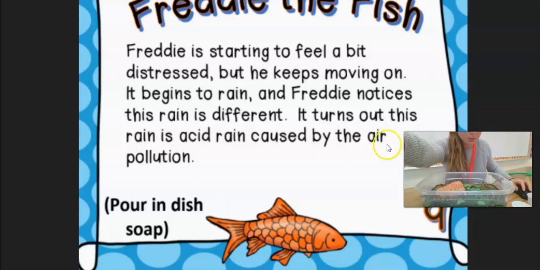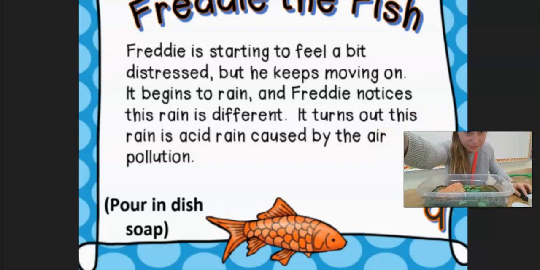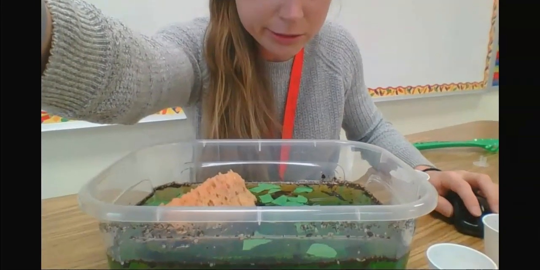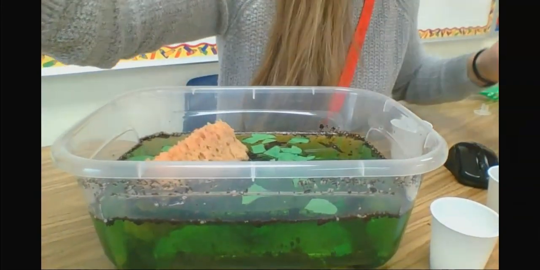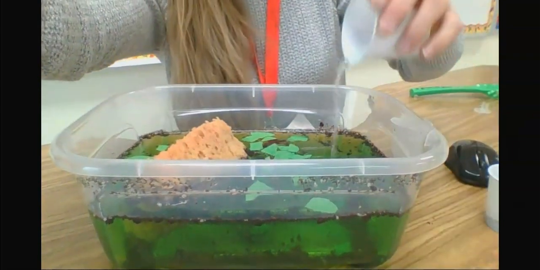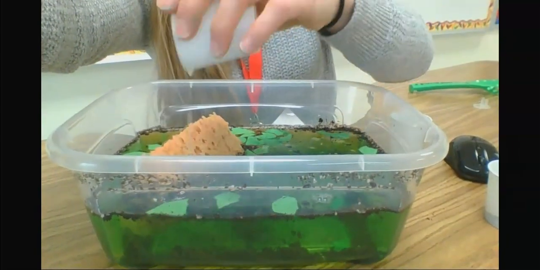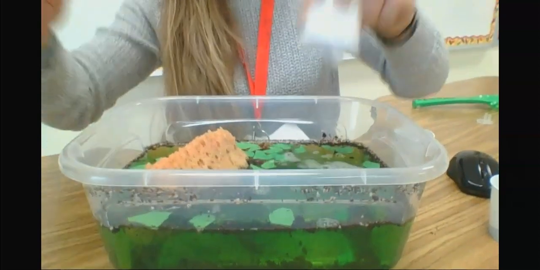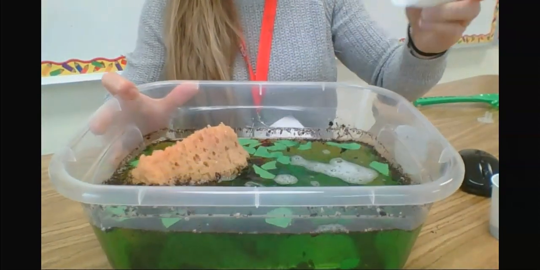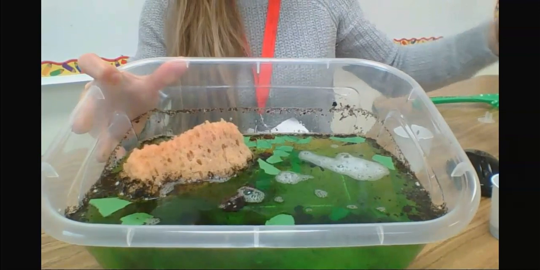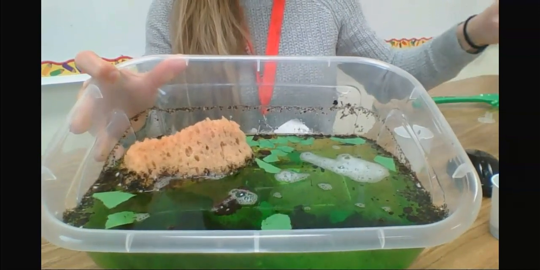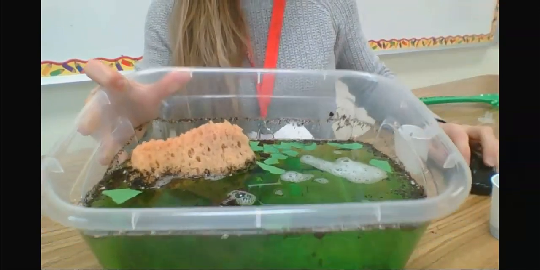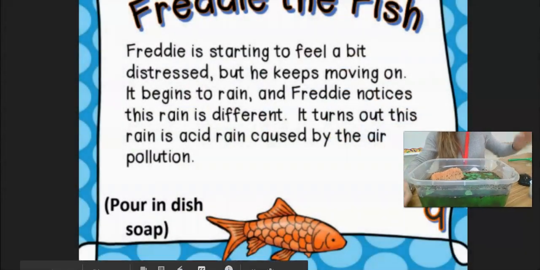All right, let's pour in the acid rain. It's raining, acid rain. Oh gosh. Looking even worse for Freddie. Oh, I'm so scared for him.